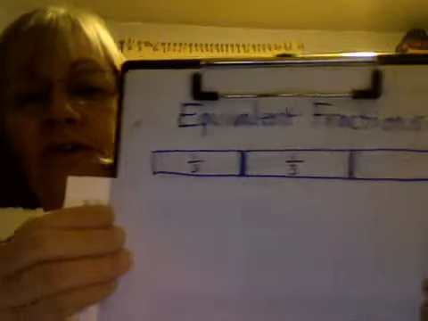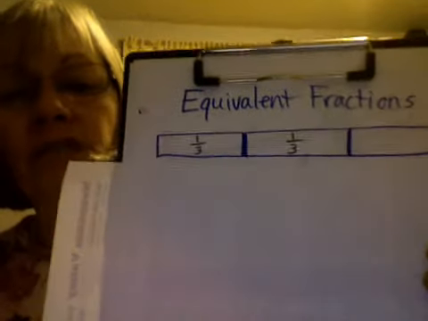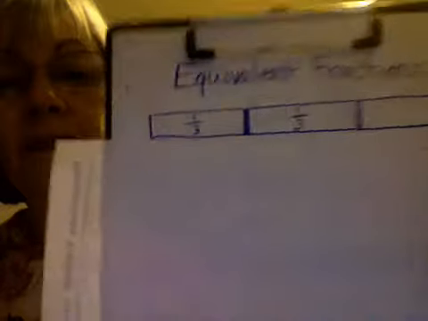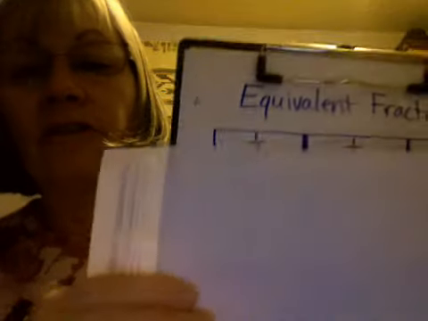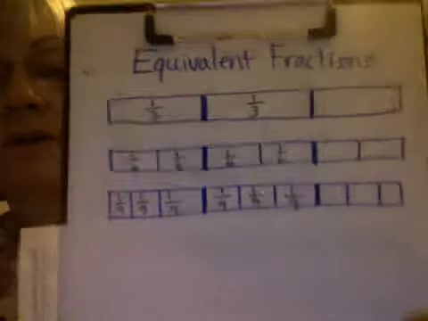Here I've drawn a blue bar, and it's cut into 3 equal pieces. Each equal piece is called 1/3. And today for this example, we're going to pay attention to 2 of the thirds of this bar. We can see that 2/3 is equivalent to 4/6.